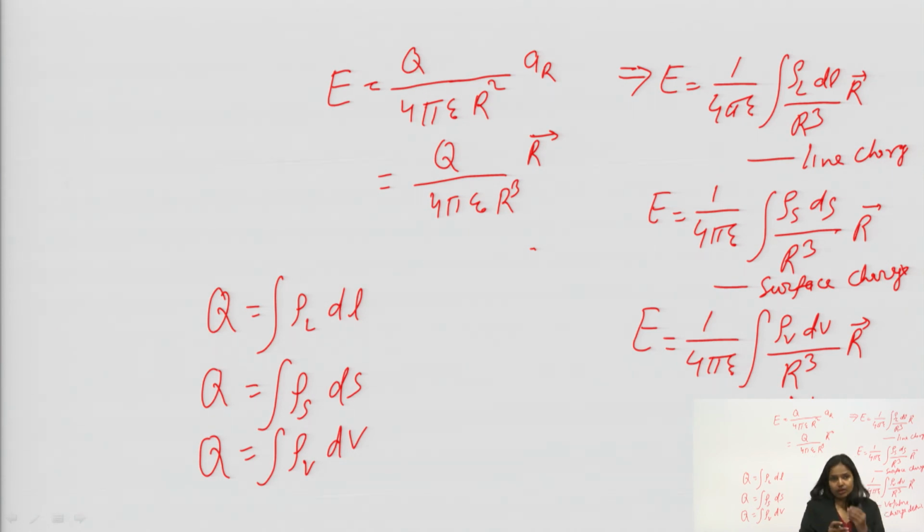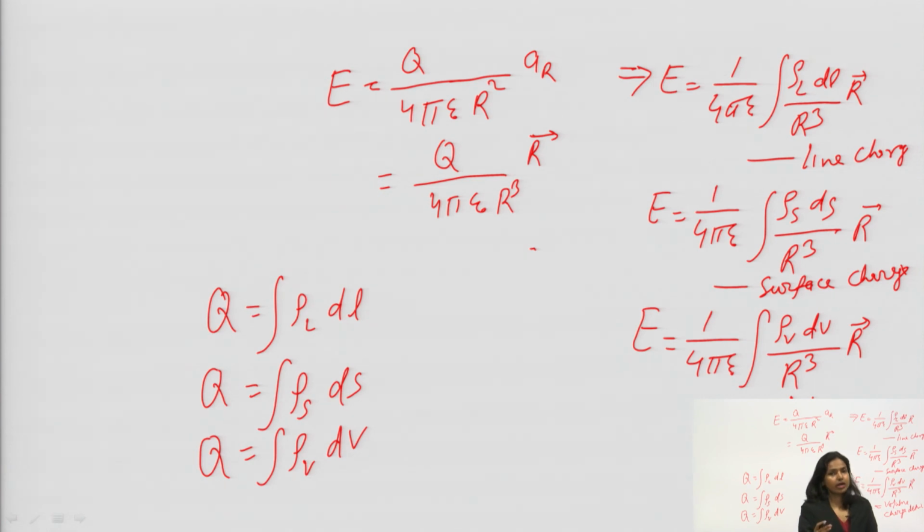As for example, in case of line charge, there are two kinds of things which are generally asked in the exam. First is to find the electric field due to a charged line conductor. Further, there might be special cases like a finite line conductor or an infinite line conductor.